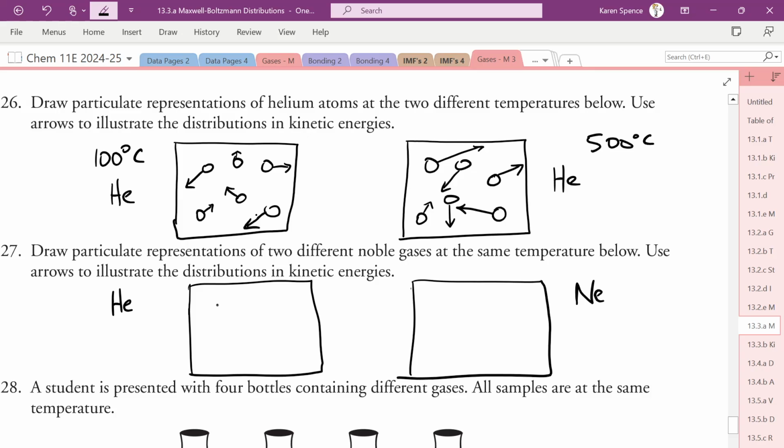Now helium is much smaller, so we're going to make those little and teeny. Neon is bigger, so we'll just make them a little bigger. These are at the same temperature.